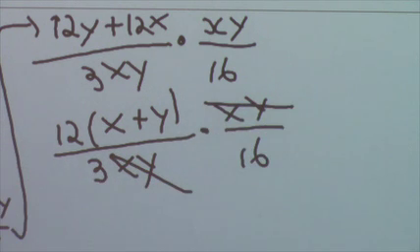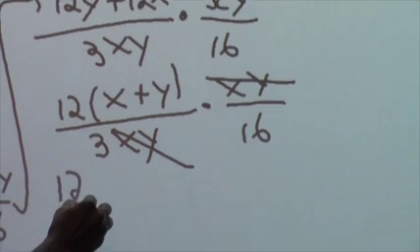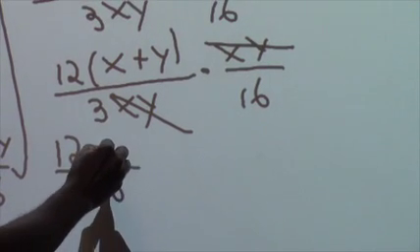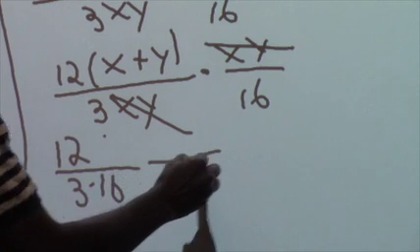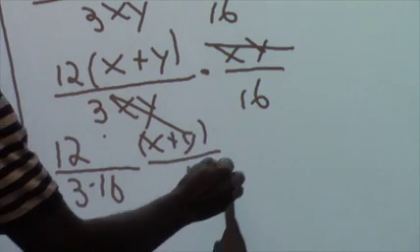Now I see that I have xy at the bottom here. xy at the top will cancel. I also see that I can do some cancellation over here. But let me do 12 on top over 3 times 16. And then on top, I have x plus y and then 1.